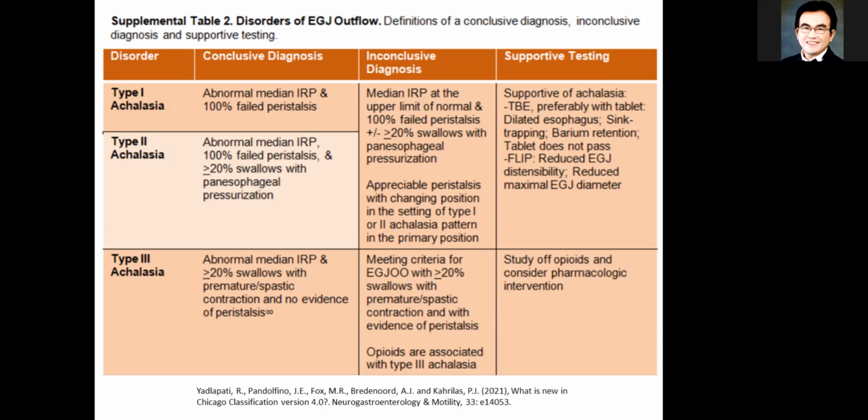Now, for inconclusive diagnosis, I suppose, again, this is for those who are doing a lot of motility tests, you start to appreciate certain features that don't fit into the classical definition of the metrics. And these are the ones that really need supportive testing, including provocative testing, as well as the use of a barium esophagogram and or EndoFLIP. Now in Malaysia, we don't actually have an EndoFLIP, right? So we tend to depend on a barium esophagogram.